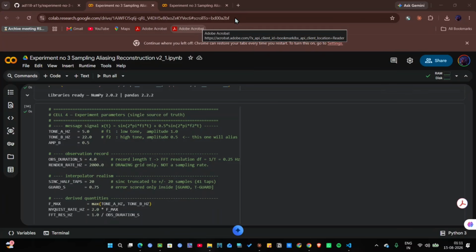Now, for case B, sampling at exactly fs equal to 44 Hz. Figure 1 for case B reveals the 22 Hz tone is sampled at its zeros, essentially disappearing.